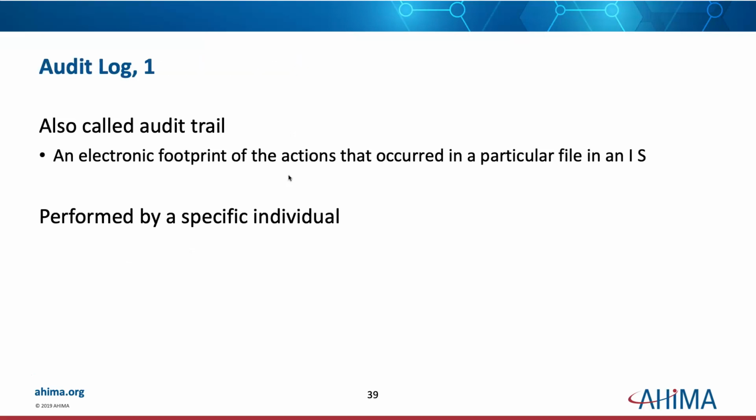Audit logs or audit trails, those are very important. You need to know what happened and who did it. Anytime there is any kind of access to a record, you see this a lot of times with celebrities and HIPAA breaches, somebody who's well known, and I'm going to use George Floyd as an example.